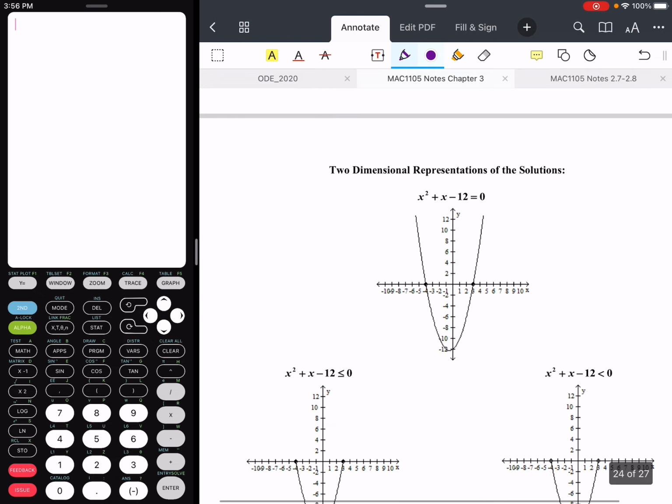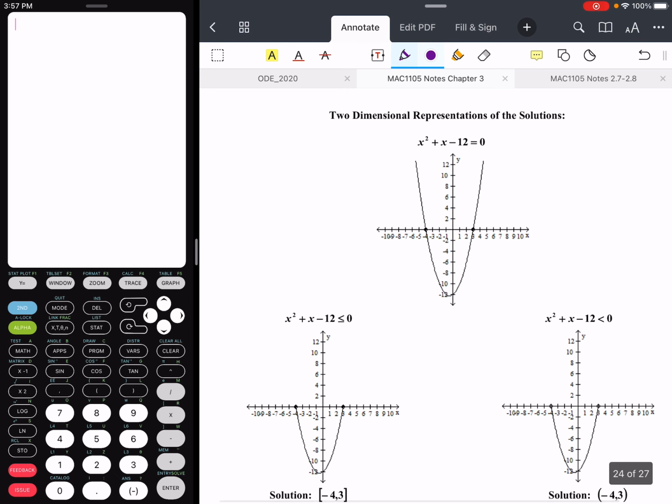All right, and again, looking at x squared plus x minus 12, up here we have x squared plus x minus 12 equals 0. So we have an equation, and this would be solved by the zeros of this function, x equals -4 or x equals +3. Visually, these are the x-intercepts of this function, right? So that's for an equation.